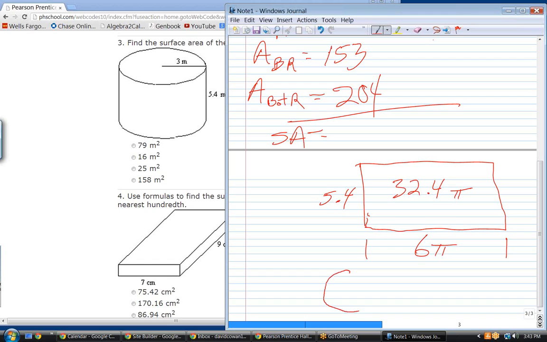Okay, and then we have a circular top and a circular base. It's the area of the circular top. That would be pi r squared, right? Well, okay, so it's 9 pi. Yeah. And this one's 9 pi.